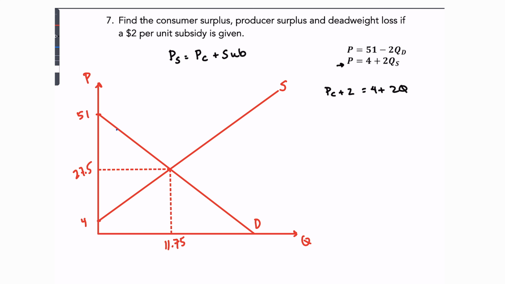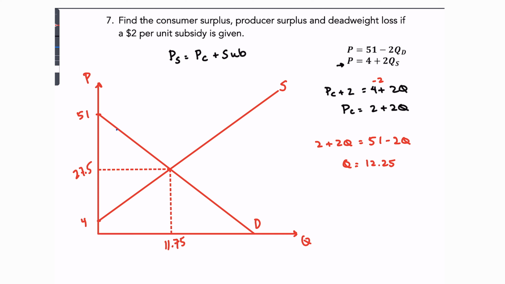I want to simplify this. So I just subtracted 2 here. So that is my new supply equation. Now I'll take that, set it equal to my demand equation, and solve for Q. So the equilibrium quantity increases to 12.25.